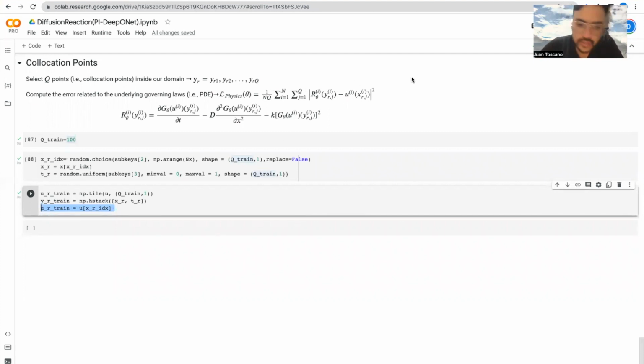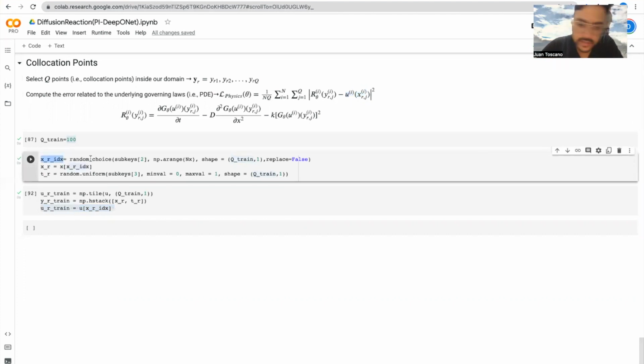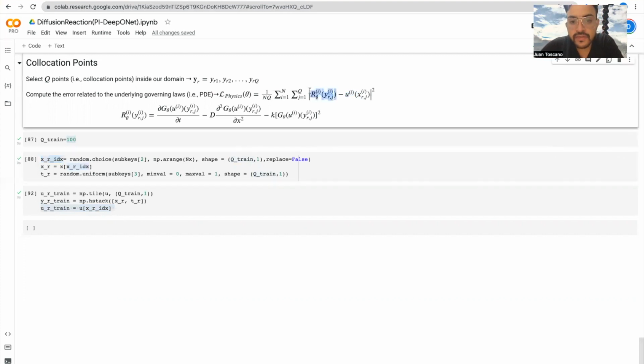The last UR train is the one that we see right here in the last physics. So it's U evaluated at XR, so at the index that we defined in first place. But also in the loss physics, we have this r theta, and you can see that if we open this r theta, it depends on this g of theta, so it depends on the operator, and this operator takes u and takes y.